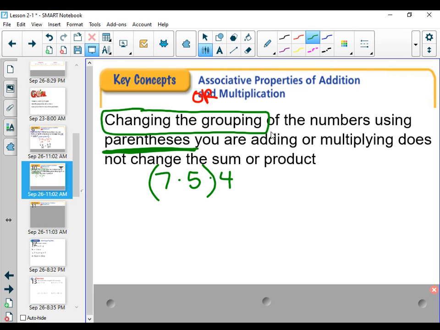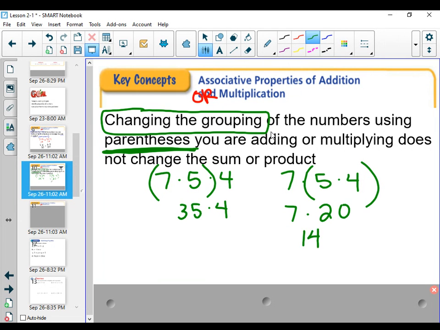In this first example, 7 times 5, 35 times 4. Ooh, I'm not really sure what 35 times 4 is. But if I change the group, not the order, now I have 7 times 20. And I know 7 times 2 is 14. Add a 0. This side would have been 140 also, but I don't need a side problem.